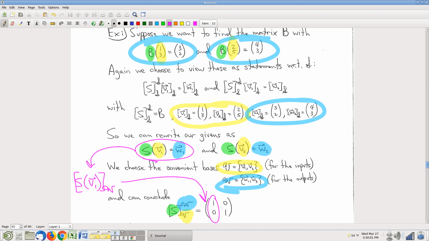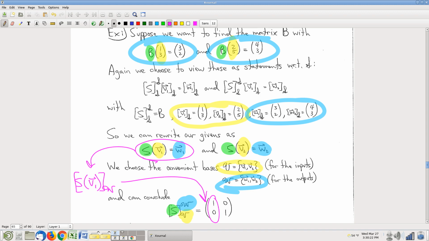And I know S of V1 is W1, and how do I write W1 as a linear combination of W1 and W2? Well, (1, 0). Super easy linear combination. Super easy because I set it up this way, right?